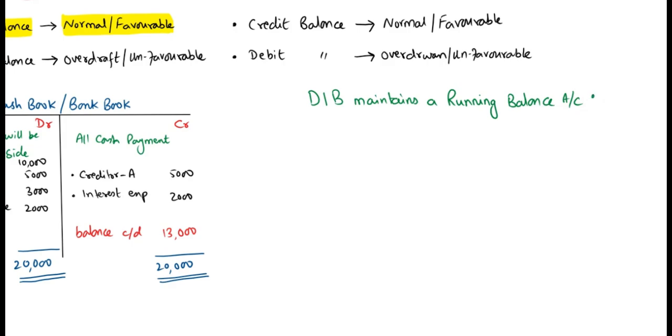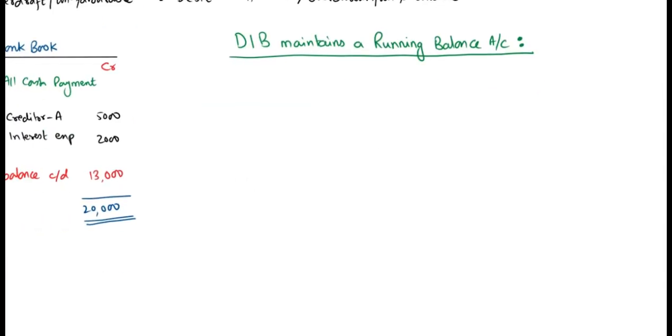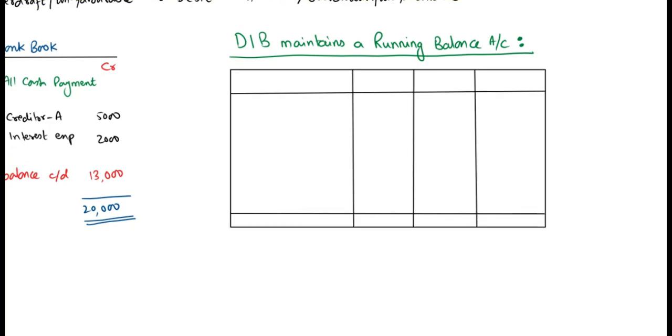A running balance account. A running balance account does not look like a T account, but we are recording day-to-day transactions in sequence. So here is the format for a running balance account. Here we will write our description. Here is the withdrawal.